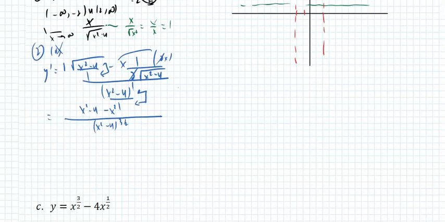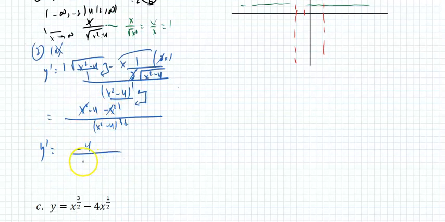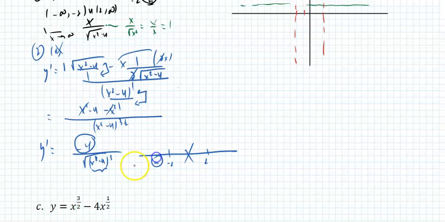So my first derivative is going to be negative 4 divided by, and this is really the square root of x squared minus 4 cubed. So here, if I do my testing, you say, okay, well, what's the testing? Negative 2 and positive 2, nothing in between. Well, if I pick a point to the left, say negative 3, well, the denominator is always positive, and the top is always negative, so that's going to be negative.